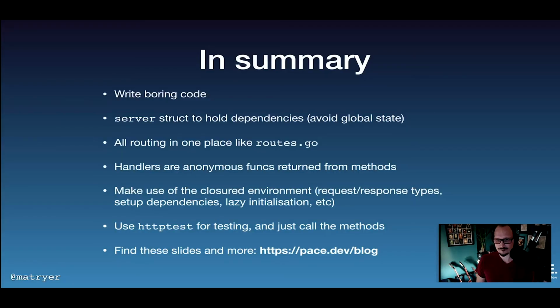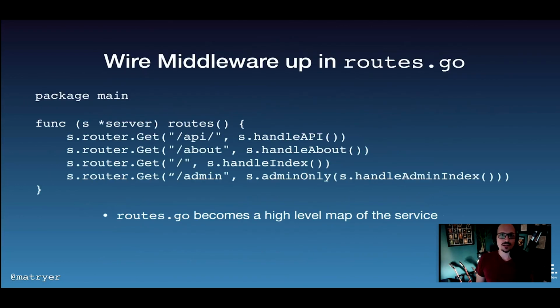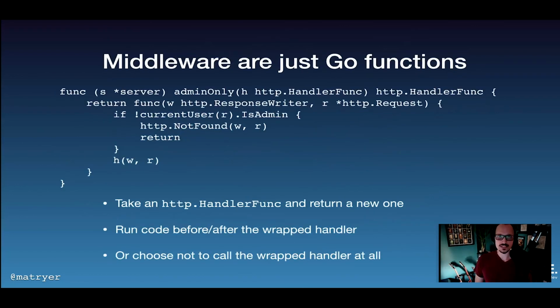Okay, so generally on that point, yes, there is a reason. In this case, the middleware hangs off the server too, so you can access those dependencies. So that's one reason why you might do it. It depends on the wider structure of your application, probably, but I don't really break things down into lots of packages.